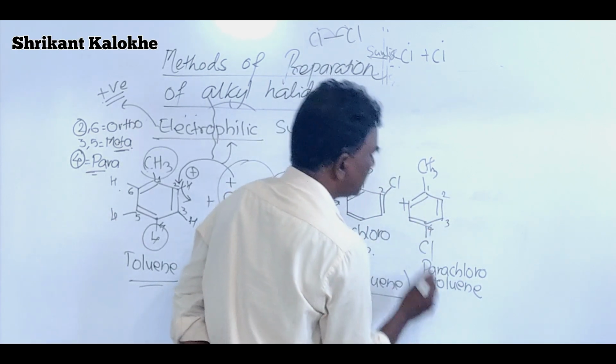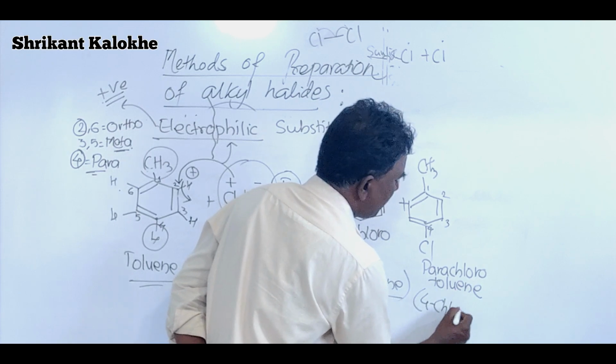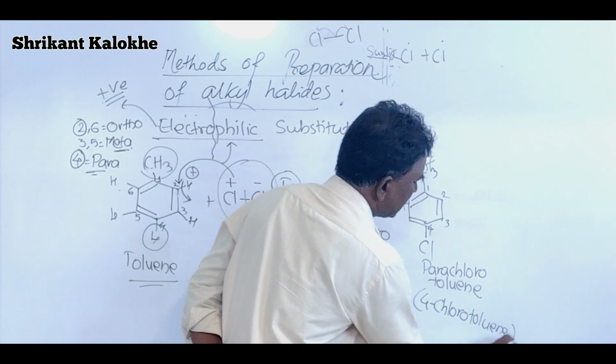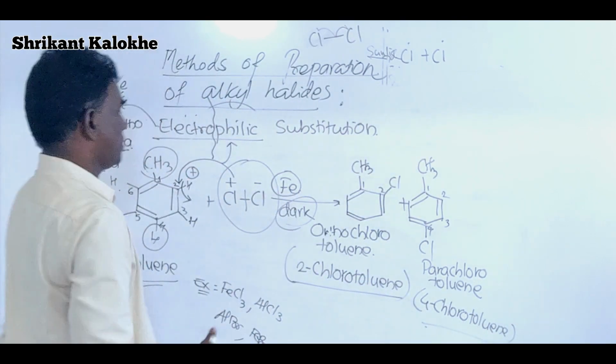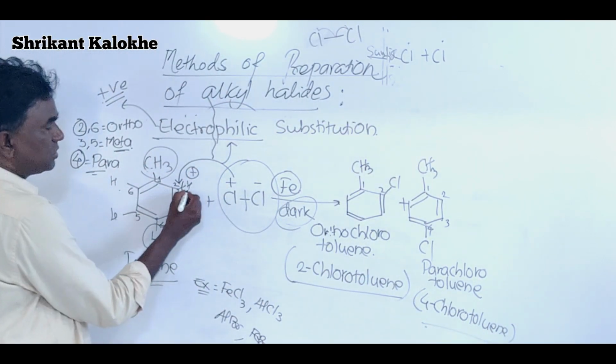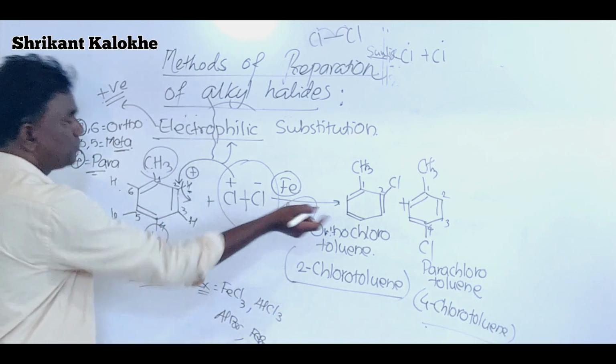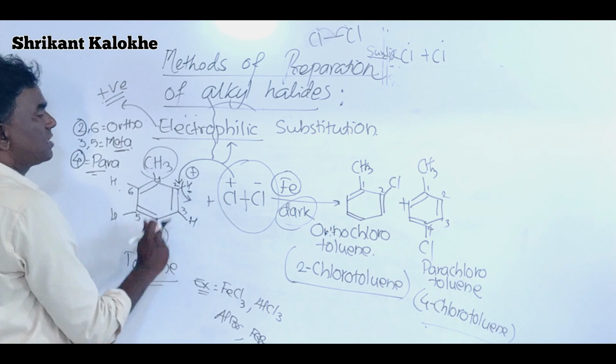At the fourth position there is chloro, so its name will be 4-chlorotoluene.